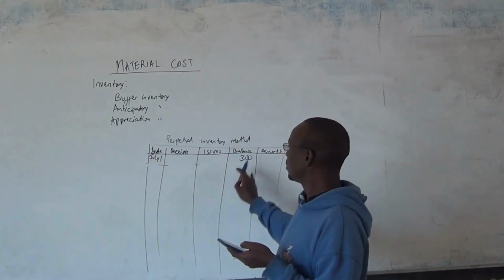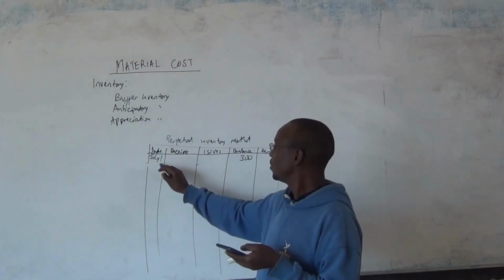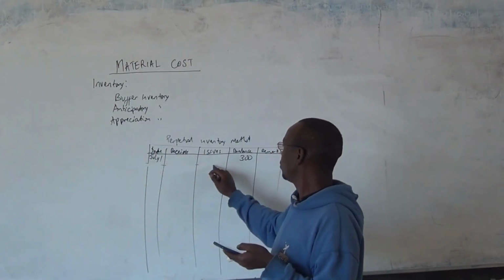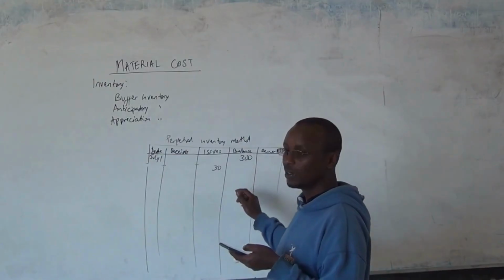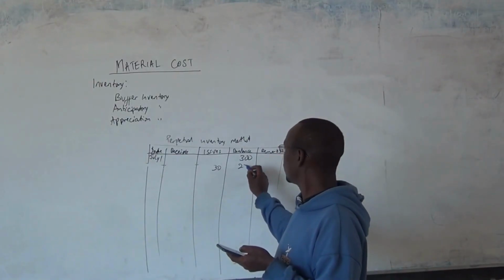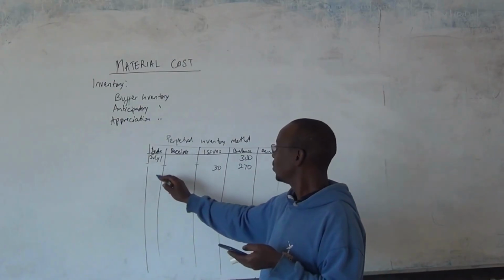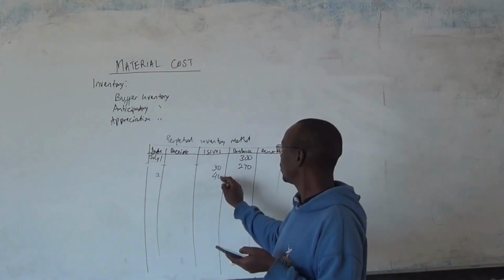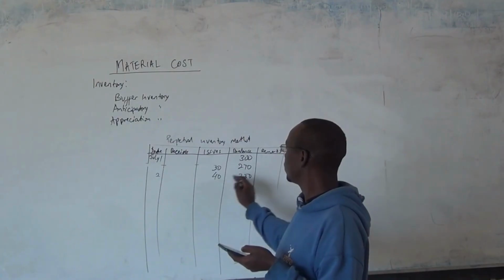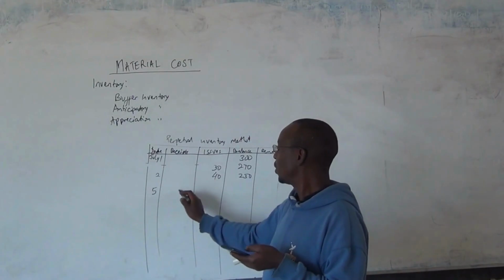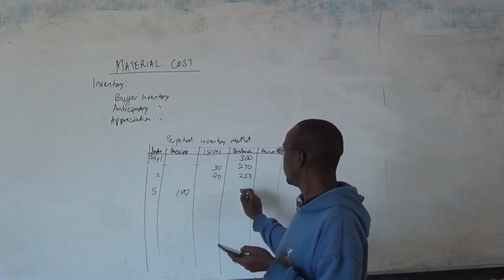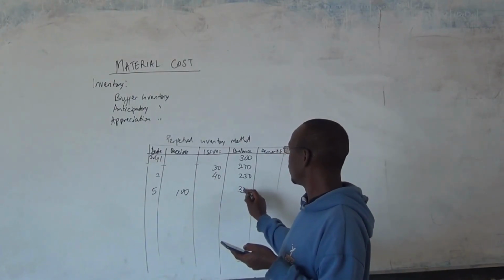So that is the balance. Then on the same day, you issue 30, remaining value 70. Then on the second, you issue 40, remaining 30. On the fifth, you get another 100, bringing the balance to 130.